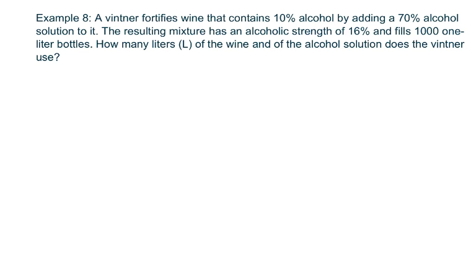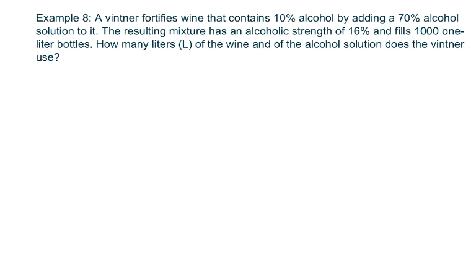A vintner is someone who makes wine, if you couldn't figure it out by the context in which it was used in the sentence. The resulting mixture has an alcoholic strength of 16% and fills 1,000 liter bottles. How many liters of the wine and of the alcohol solution does the vintner use?